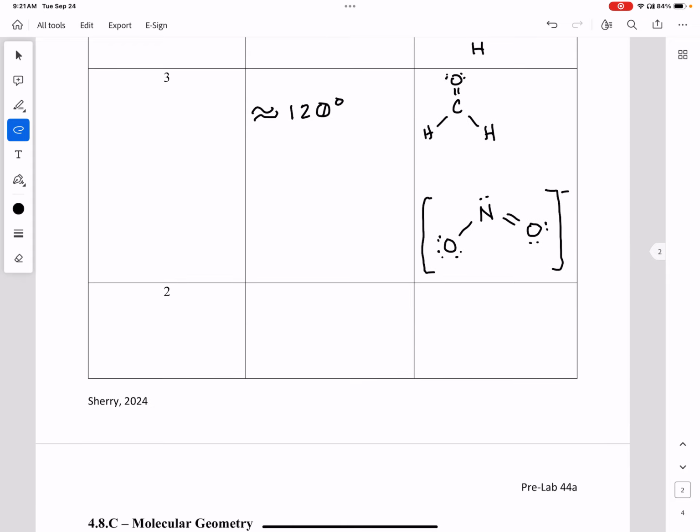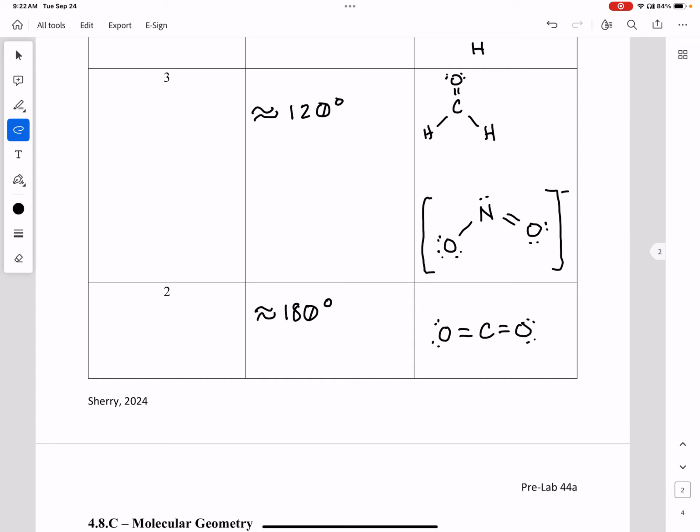Then we only really have one option for 2 charge clouds, and that's 180 degrees. And so an example of that would be CO2, 2 charge clouds about the central atom.